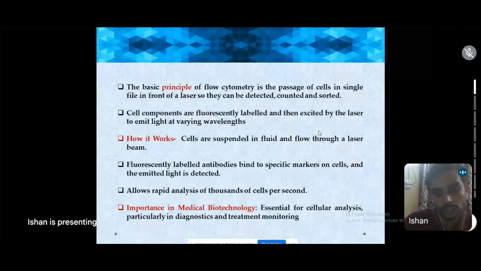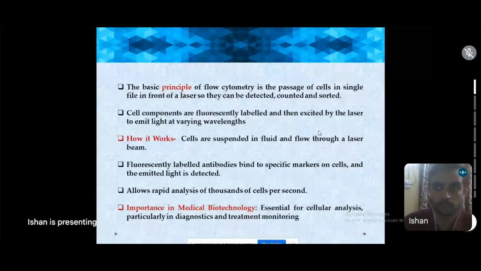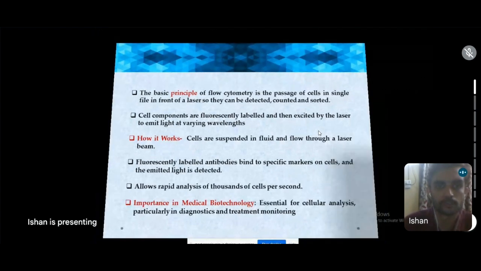Flow cytometric analysis can help us see the after effects of treatment, post surgery, post transplant, what changes are occurring in the system, and how our body or our cells are responding to those different treatments.